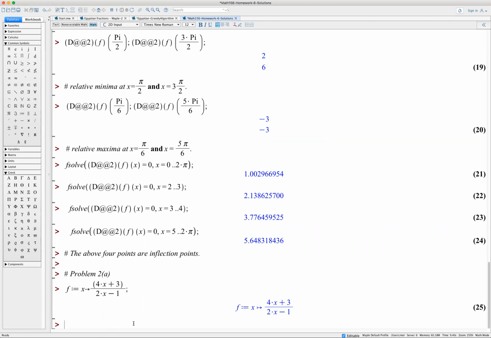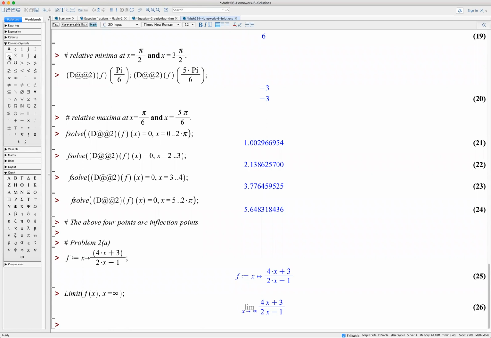And the horizontal asymptotes, you take the limit as x goes to plus or minus infinity. So the limit of f of x as x goes to infinity, well, I wrote it with a capital L, so that just states the problem.